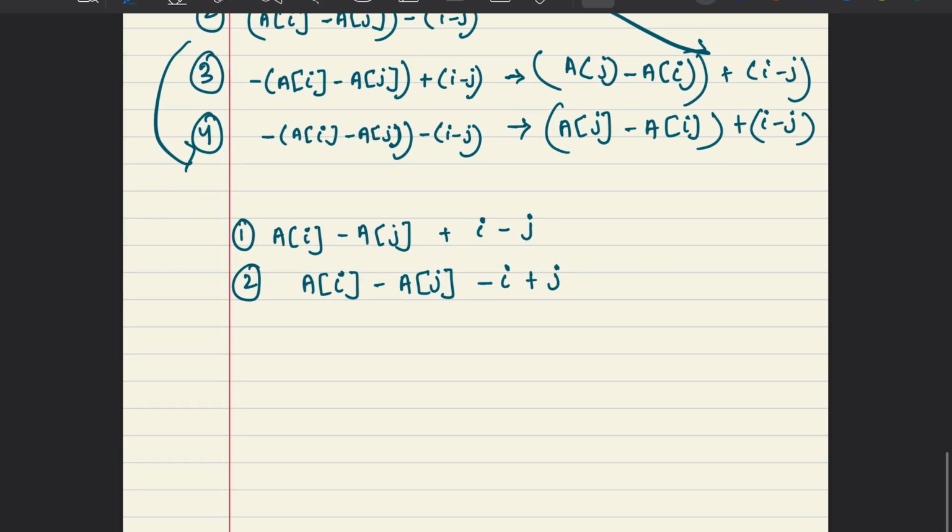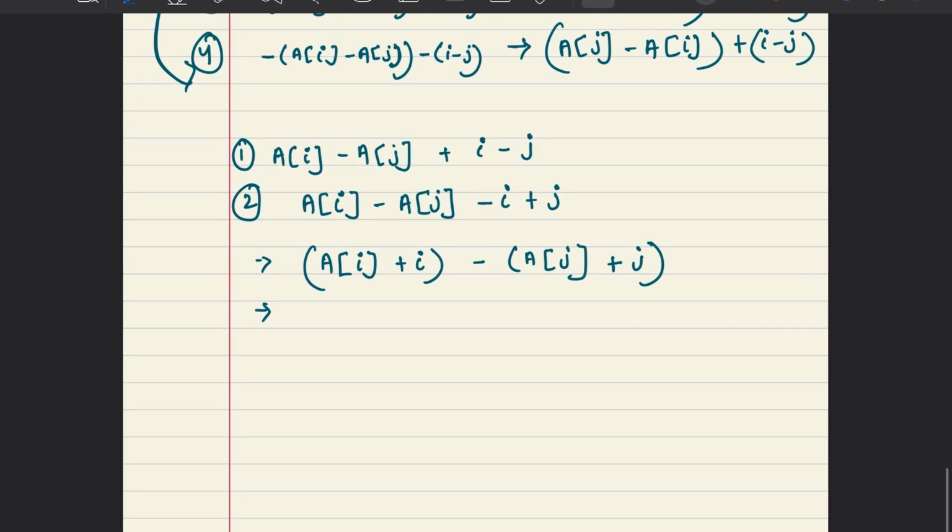So we can make it a of I plus I minus a of j plus j, and the second one will be a of I minus I minus a of j minus j.